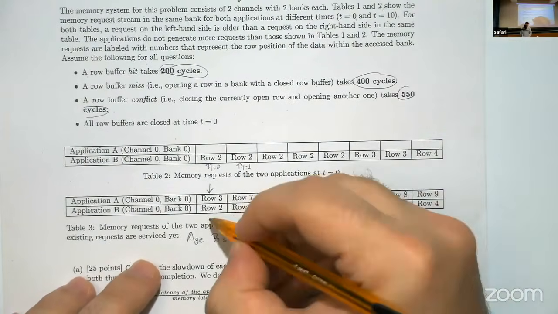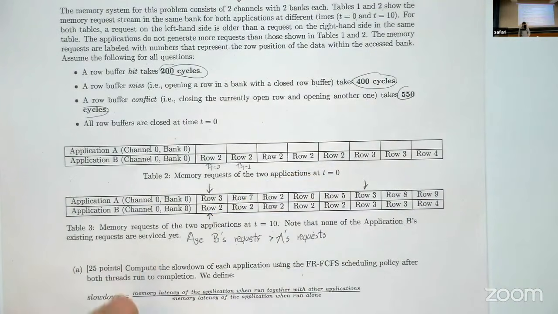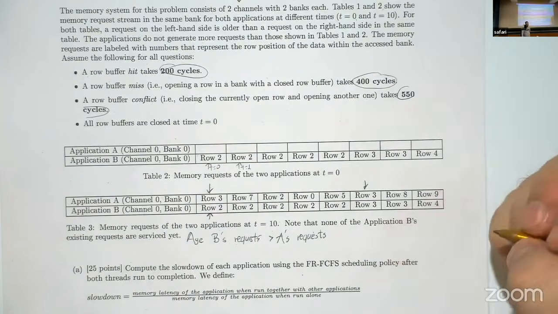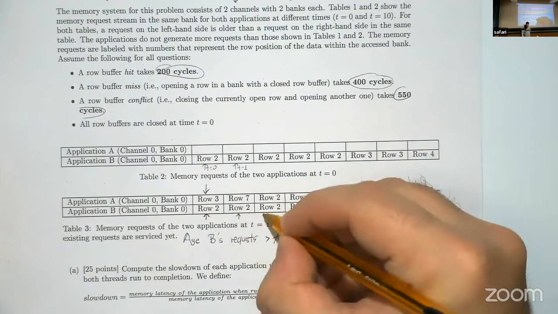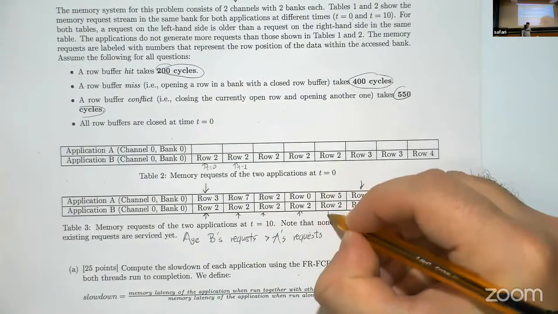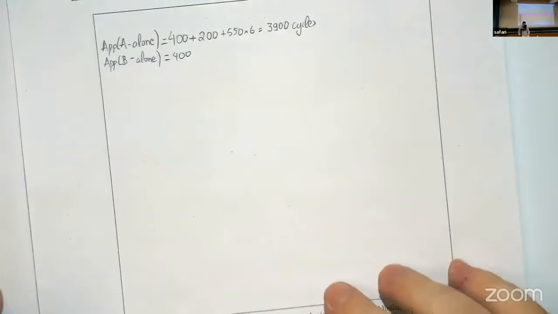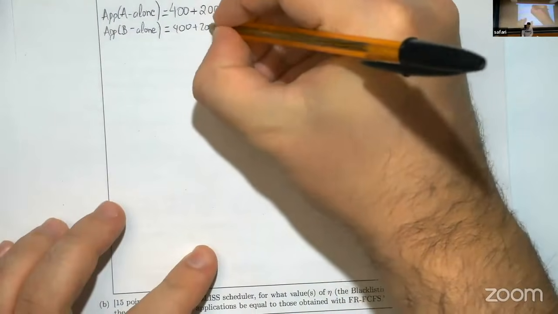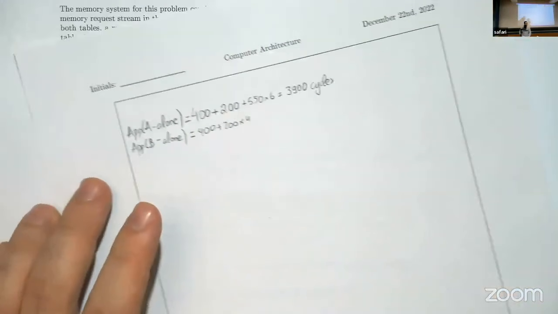So let's say we activated row 2. Then what do we do? You can say. The row 2s. Correct. So how many of these are there? It's 4, right? So we for sure do 400 plus 200 multiplied by 4.